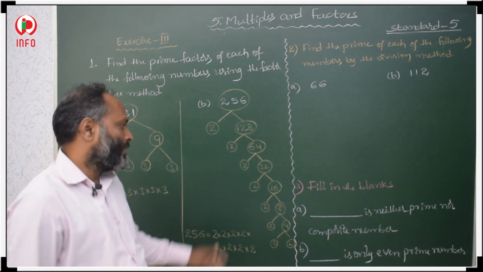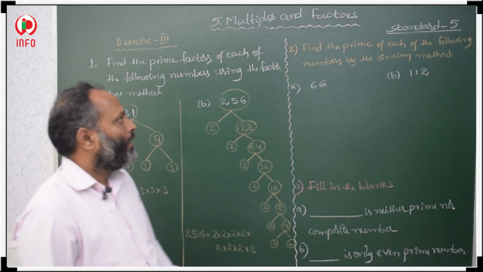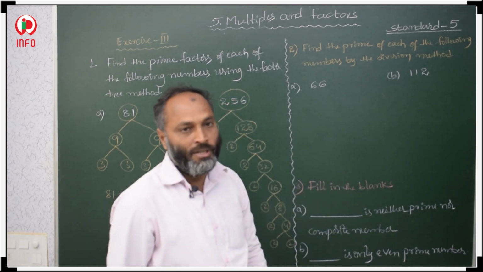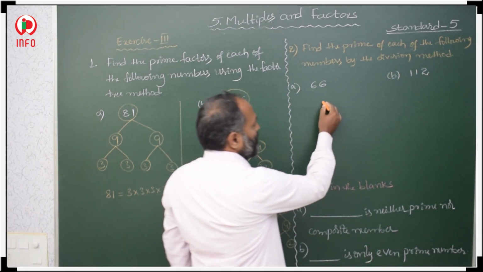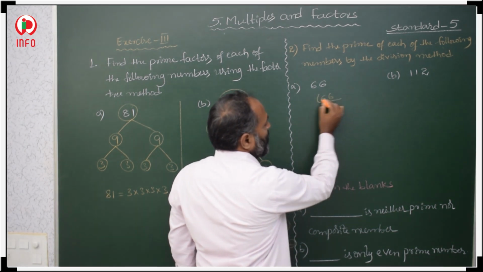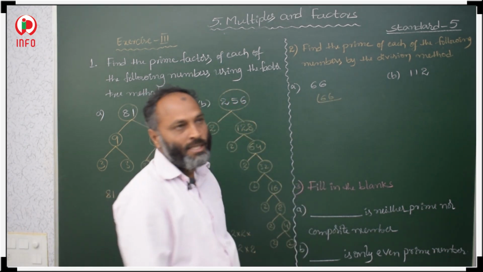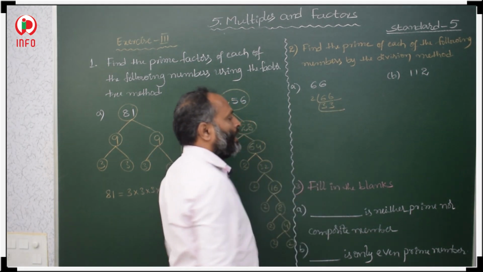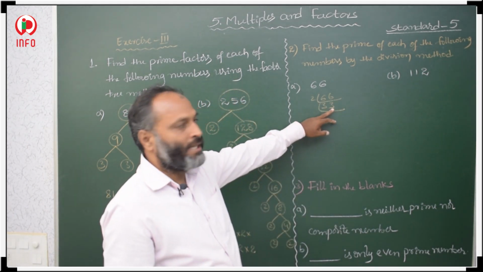Now, find the prime factors of each of the following numbers by using the division method. So here we have to use the division method. First we have to take 66. It is an even number, so it is divisible by 2. 2 3s are 6, so 2 33s are 66. Again this 33 is an odd number.